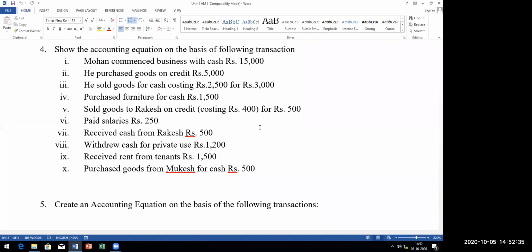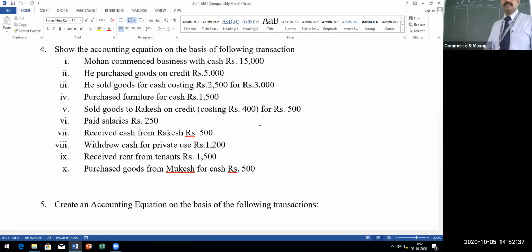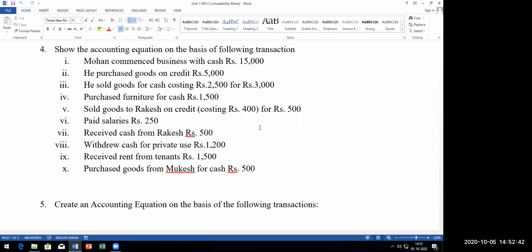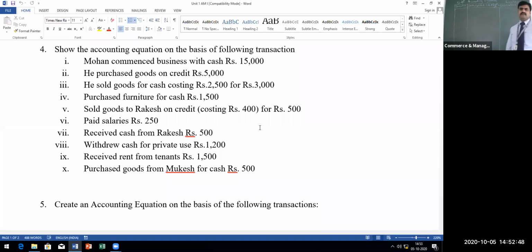Furniture is in transaction number 4. So you will write here furniture. If more than one fixed asset is there, then don't write the name, just write fixed asset. Since in this question only one is there, we'll write it as furniture.